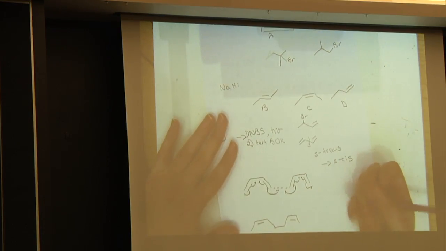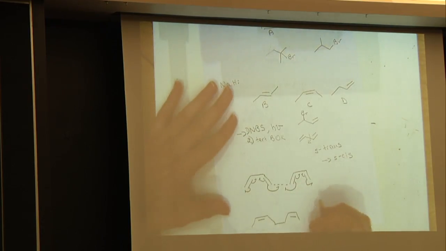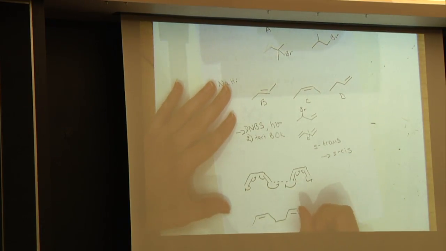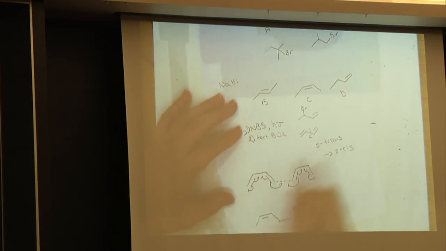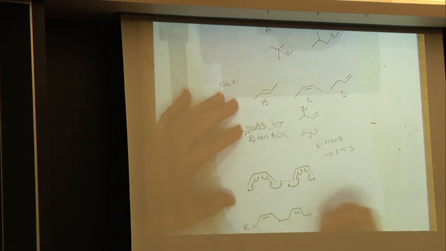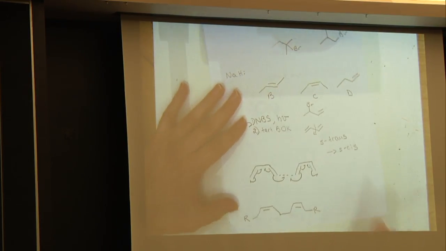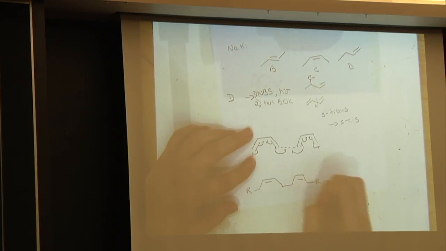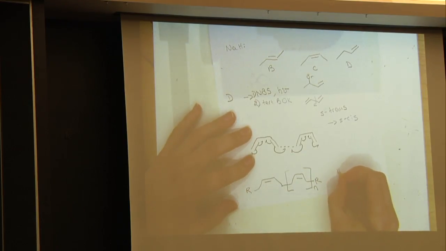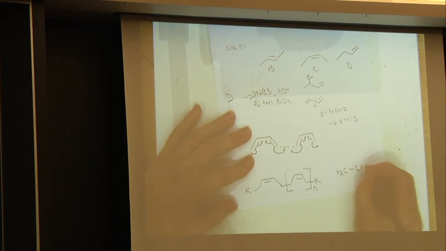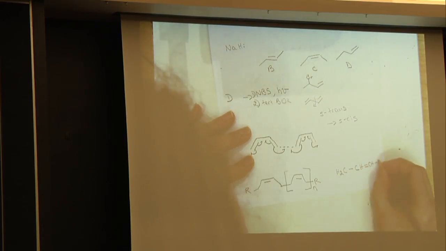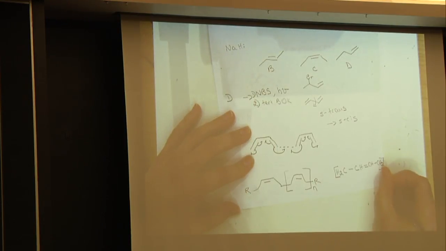And so our monomer here is going to be this, to the n. So that's going to be H2C, CH2, bracket, to the n, right?